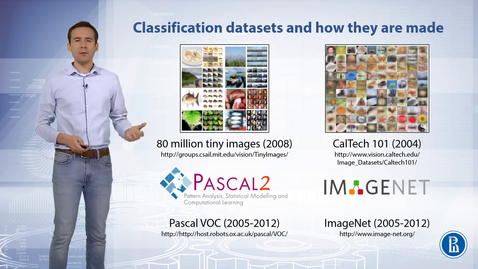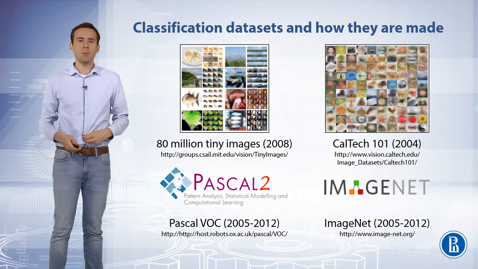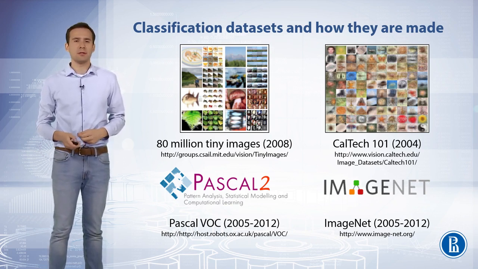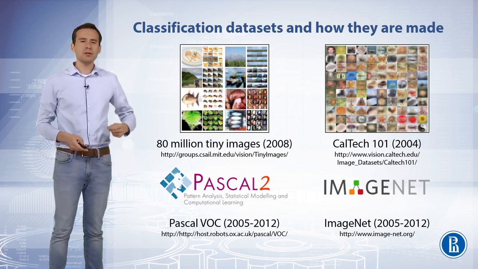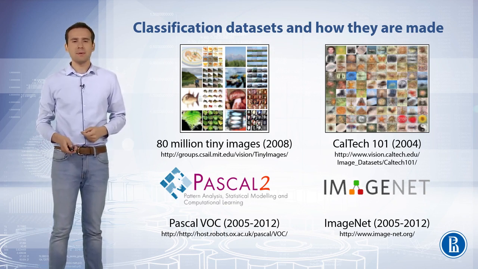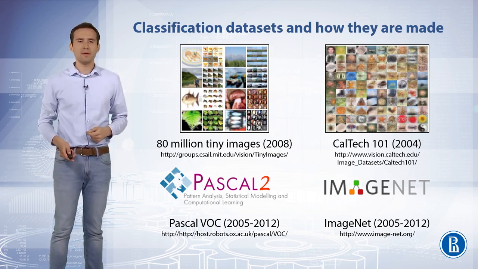Historically, when shallow methods were employed for classification, Caltech databases featuring 101 or 256 object categories of hand-picked images were the standard benchmarks. Later, Pascal Visual Object Classes database of more realistic, high-resolution images became the de facto standard. The latest revision of this benchmark dates back to 2012.